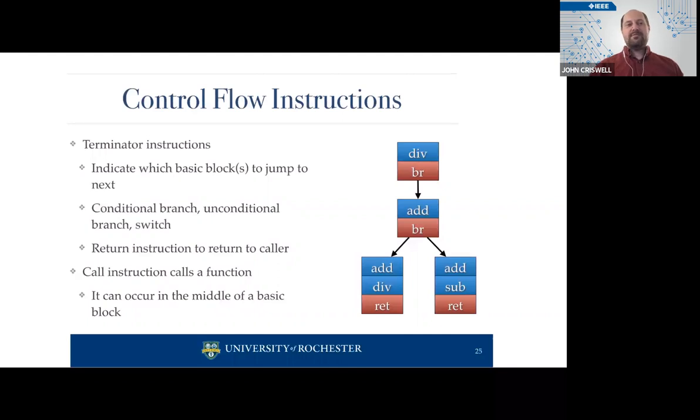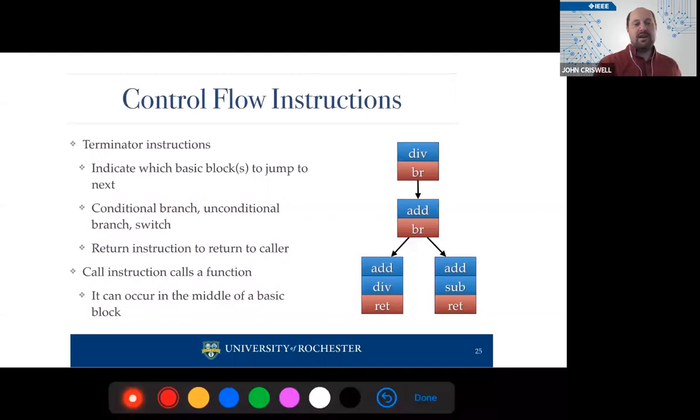The most common type of terminator instruction is a branch instruction, and LLVM, unsurprisingly, has two types of branch instructions: the conditional branch and the unconditional branch. An unconditional branch always jumps to another basic block. There's only one other basic block that it jumps to, and it's explicit. So here, for example, I have this basic block. Let me draw an arrow.